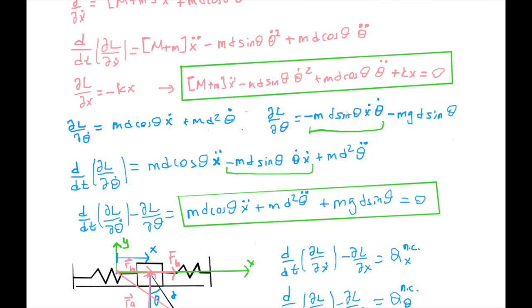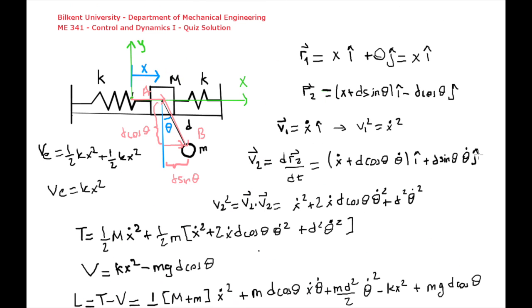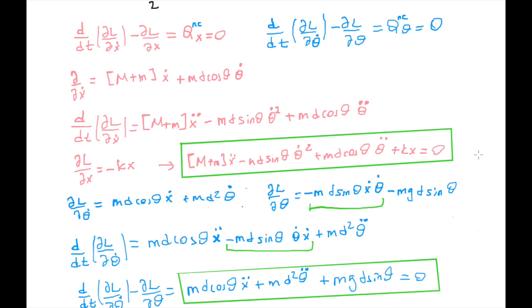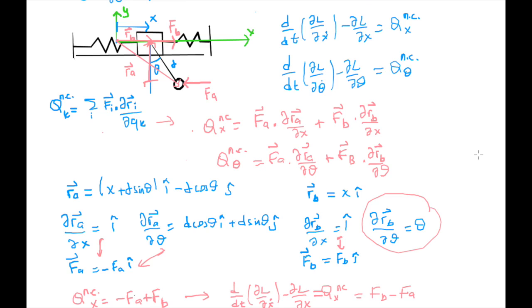The left hand side of this expression comes from the x, and the left hand side for this expression comes from the theta. So you see, it's not too difficult. You need to do a little algebra here, but it is more or less straightforward.